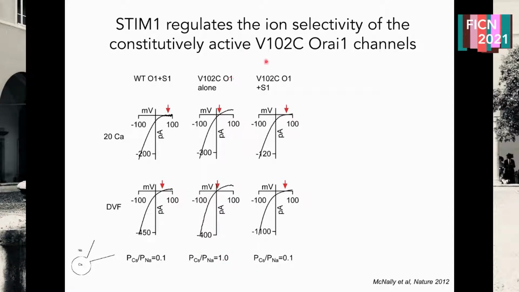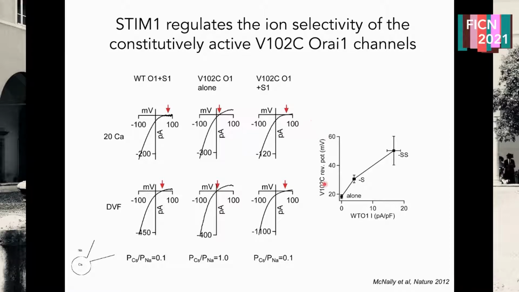But when we took the mutant and put STIM back into the system, so that it can be further activated with STIM1, then the properties of this current looked indistinguishable from the wild type channel, and everything was normalized. Ion selectivity was normalized, and other features of the pore properties were also normalized.